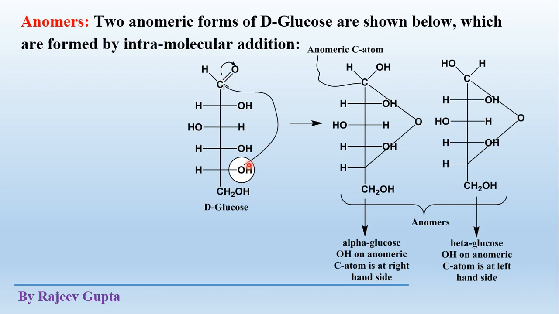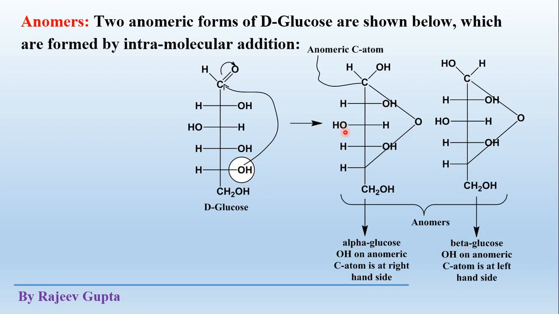So the nucleophilic attack could be from the top or the bottom, and then two types of isomers could be formed. If in this structure the OH group is situated on the right-hand side, we call it alpha, and if it is on the left side, we call it beta.